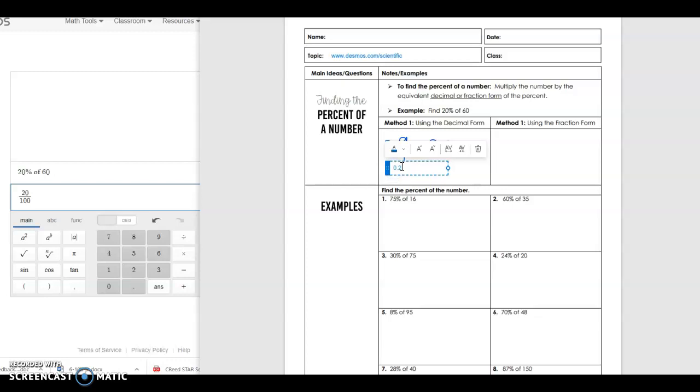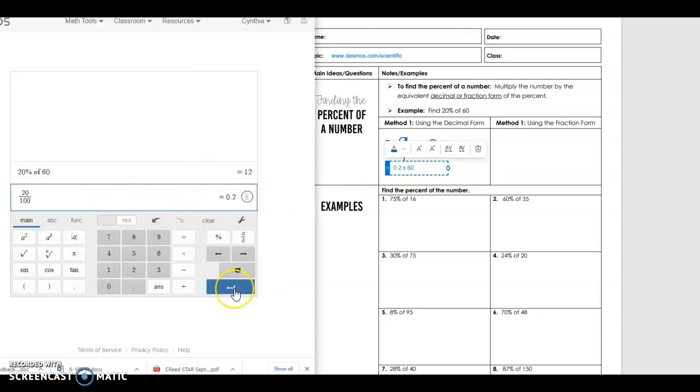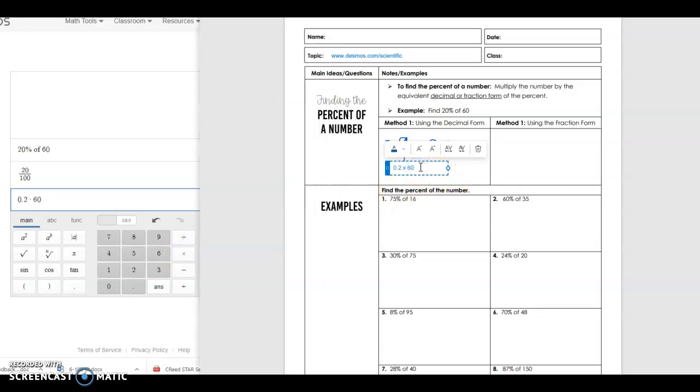And you're going to multiply that by 60. So you would just type that in: 0.2 times 60, which will also give you 12.